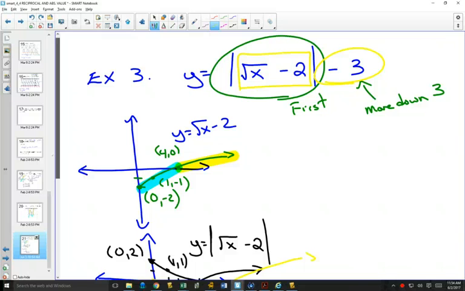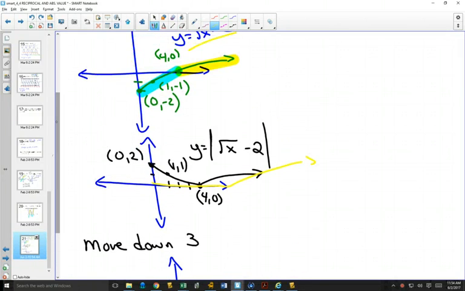But if we're graphing the inside first, when we look at that inside function, that minus 2 isn't inside the square root. That's why it's moving that square root down 2, not 2 to the right. And then after that, when we do the absolute value, the only thing the absolute value does is take whatever's negative, that part that's highlighted in blue, and reflect it over the x-axis and make it positive.